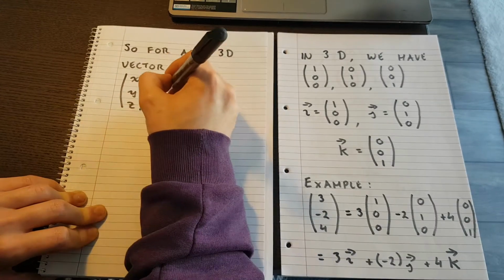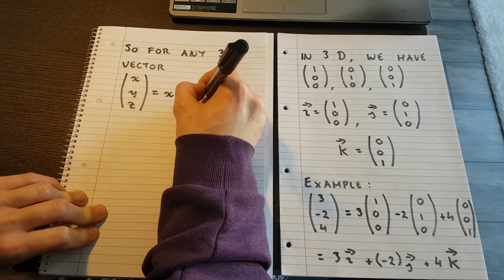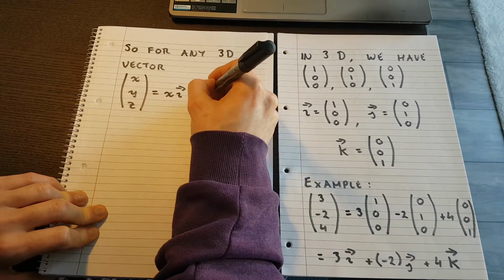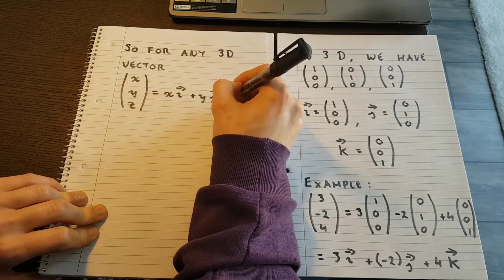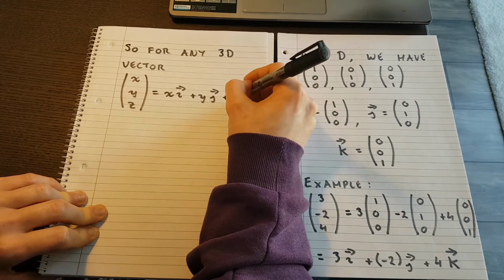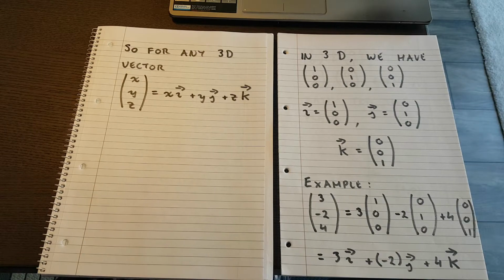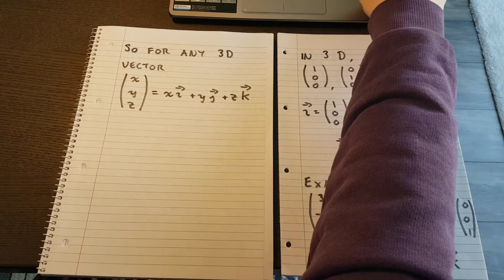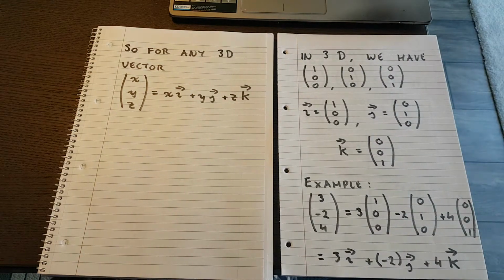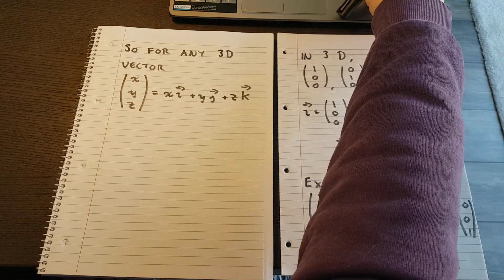This would be x times the I vector plus y times the j vector, and then z times the k vector, like that. Which is the basic formula, and this formula appears on page 65 in the notes. This allows me to just take up 1 line.